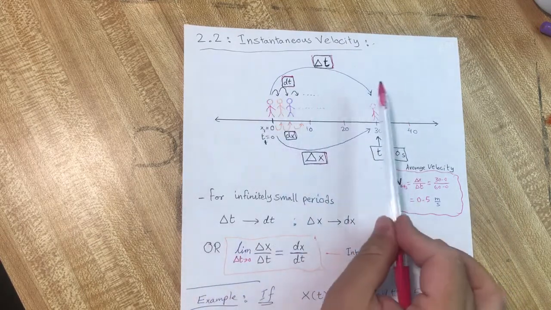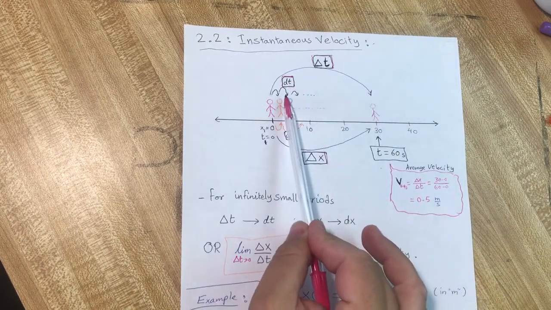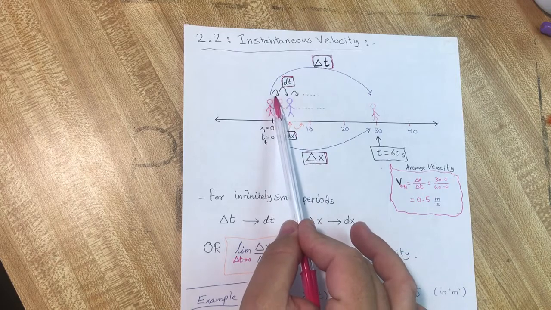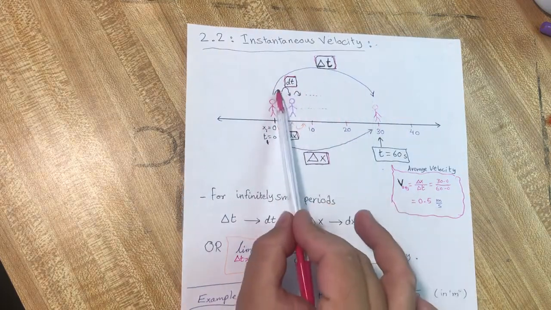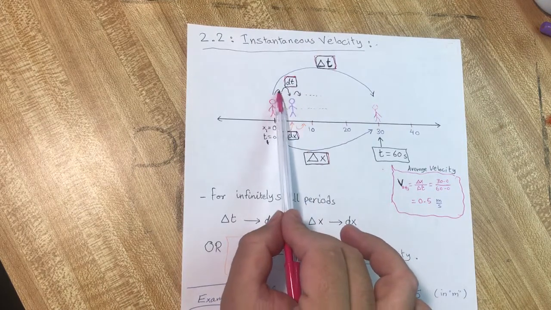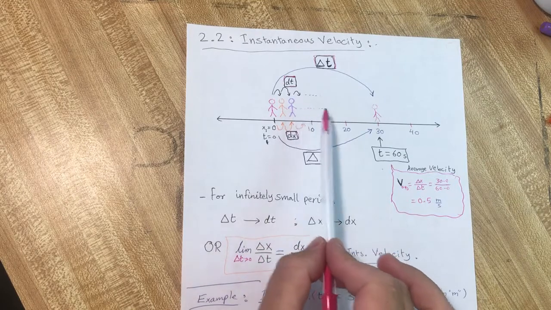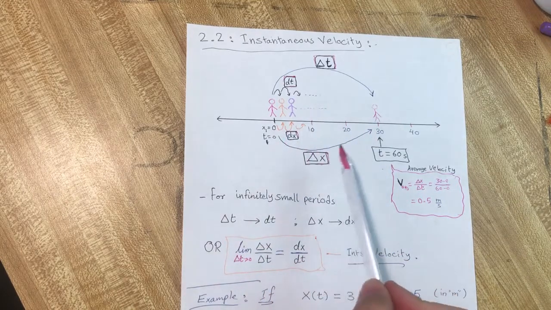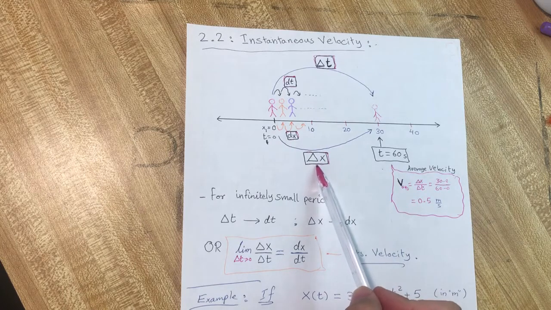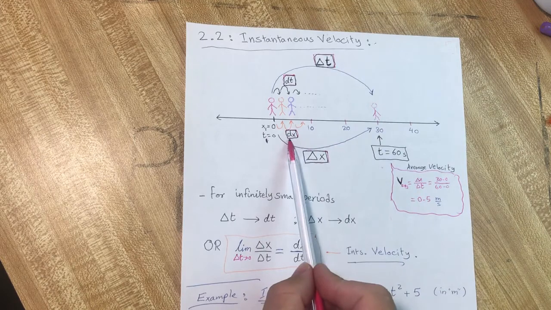But if I reduce the period of time to be very small, it will not be delta t, it will be dt for tiny periods of time. In this case, I will not have in my problem delta x, which is a vast change in position. It will be dx.